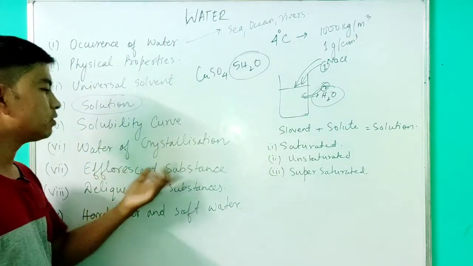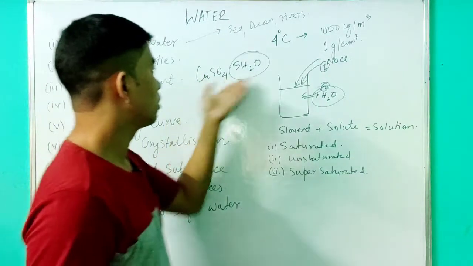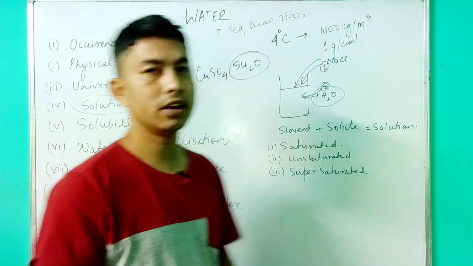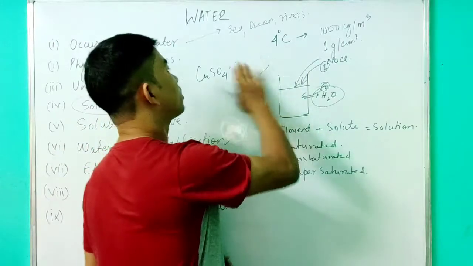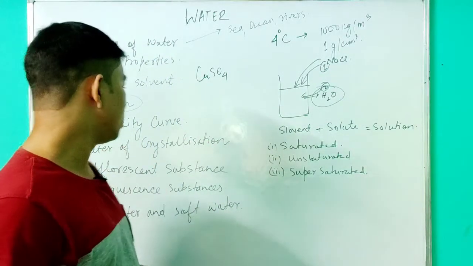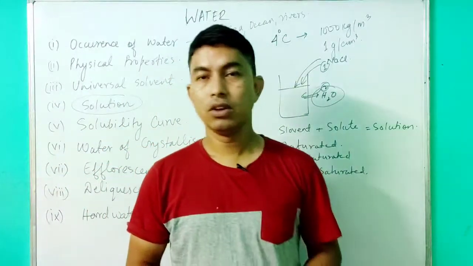Now coming to efflorescent substances. If this was an efflorescent substance, when it is exposed to dry air, it naturally loses its water of crystallization and forms a powdery mass. So that is said to be the efflorescent substance. Clear?